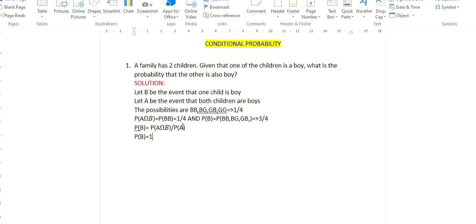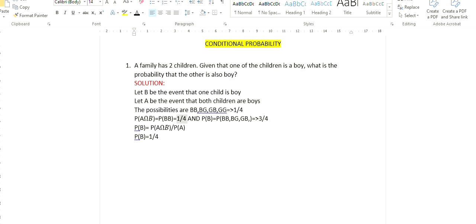That is 1 by 4. So I am writing 1 by 4 divided by probability of A. What is the probability of A that they have asked here? That is the possibility that the other is also a boy, event A. That is 3 by 4. So divided by 3 by 4.